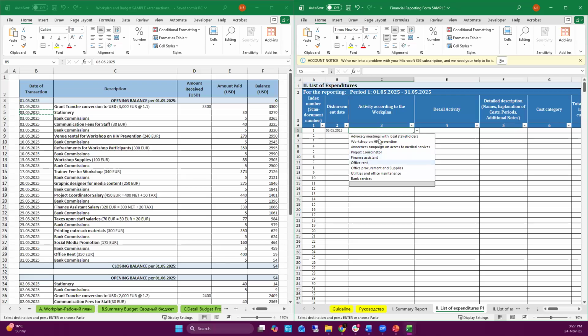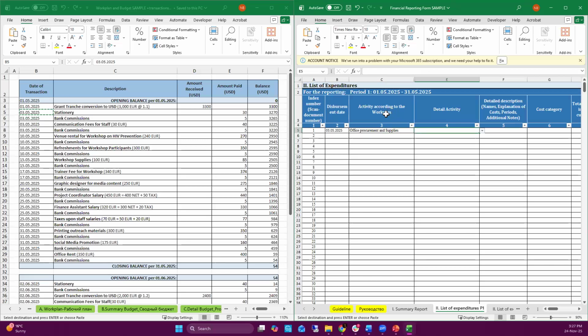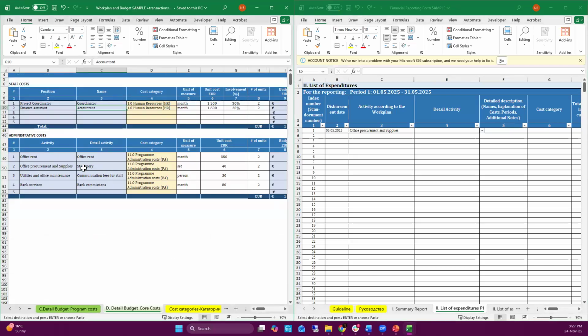From this, you just choose the respective activities according to the work plan; you will always need to check what you have here in the budget. So the stationery you have under office procurement and supplies. So therefore you choose here office procurement and supplies. In the detailed activity, you will find here stationery.